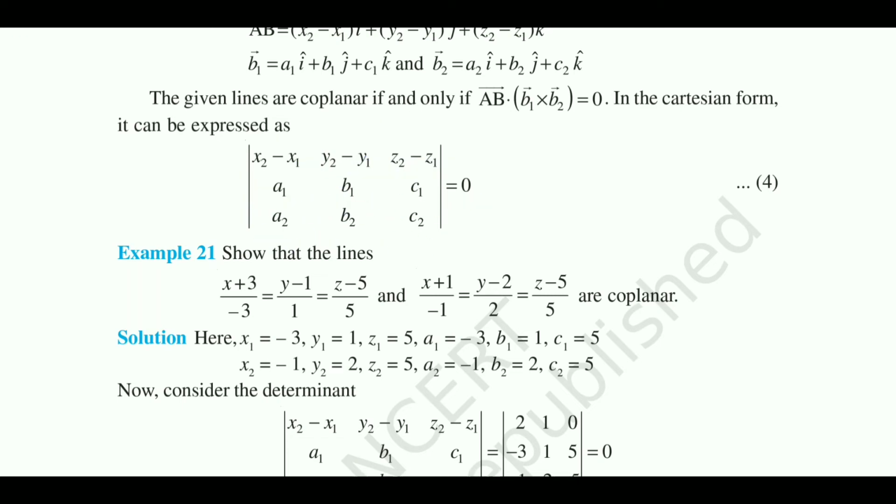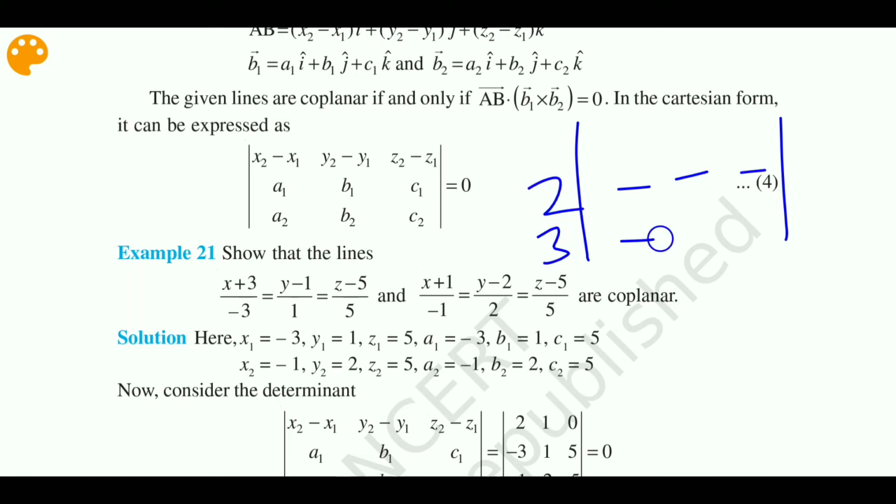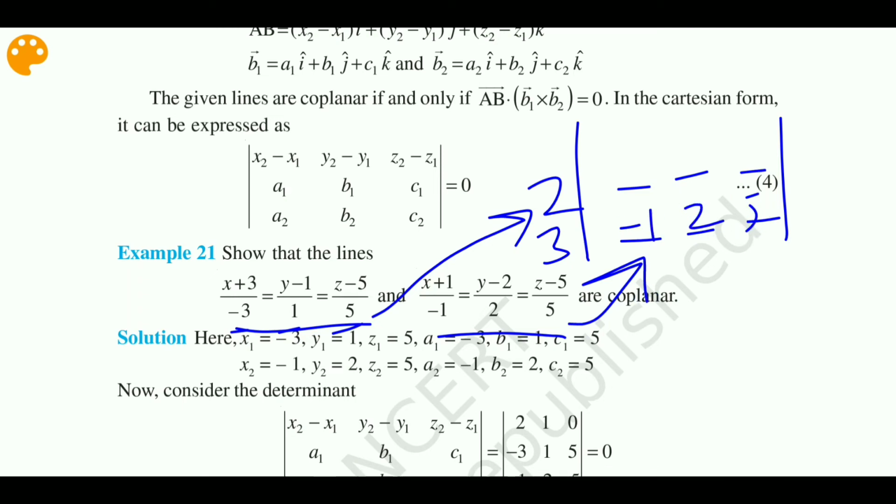This is a very simple approach. This is the determinant, this is the second row, this is the third row. In the second row, put the direction ratio of the first line, like -3 1 5, and in the third row the direction ratio of the second line, like -1 2 5.